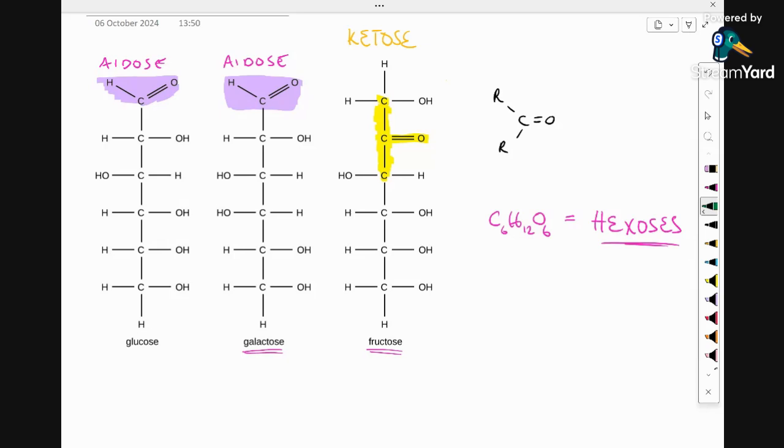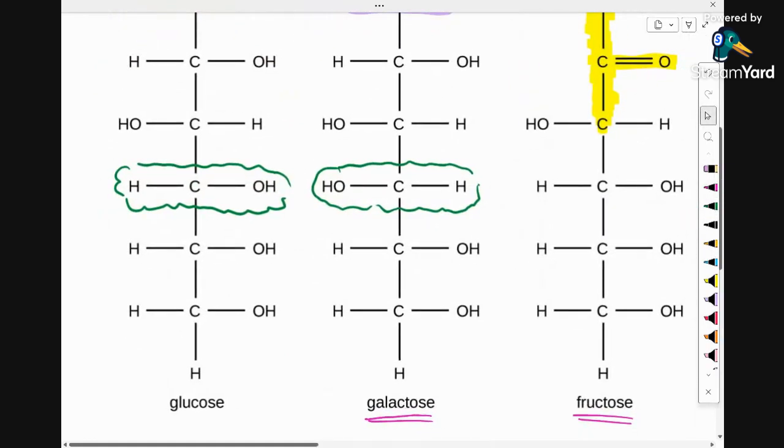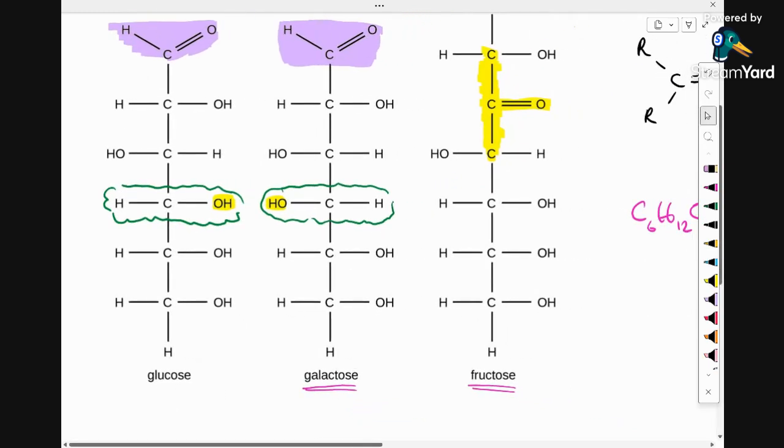What I mean by that, and I've explained that quite poorly, is if we zoom into this carbon here on both of these molecules, glucose and galactose, hopefully you can appreciate they are mirror images of each other. Essentially, the side of the carbon on which the hydroxyl group and the hydrogen lie has been switched. So on the left-hand side for glucose, the hydroxyl group is on the right, and for galactose, it's on the left. That is the only difference between the two.